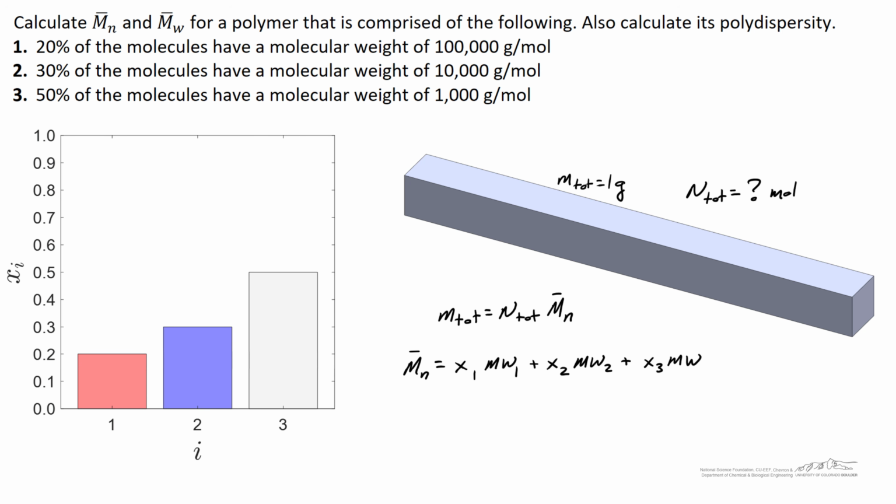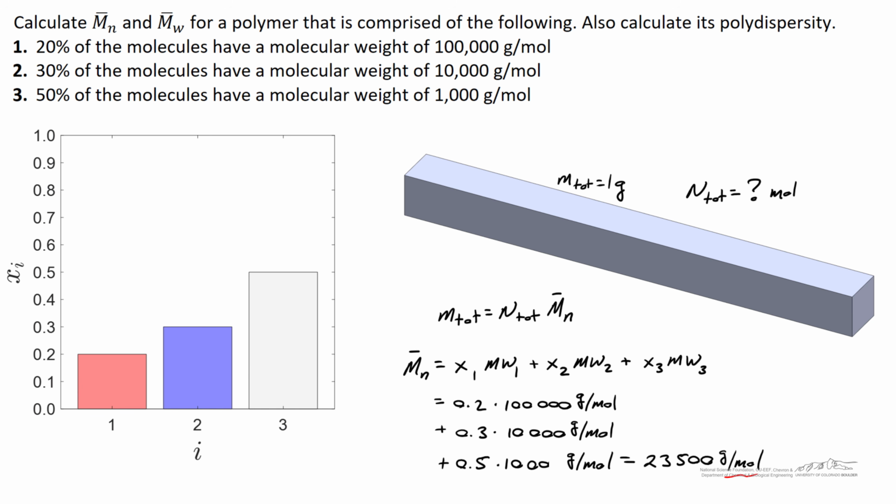In this case, x3 is equal to 50%, and the molecular weight MW3 is equal to 1,000 grams per mole. If we substitute in numbers and make the calculation, we find that the number averaged molecular weight is equal to 23,500 grams per mole.